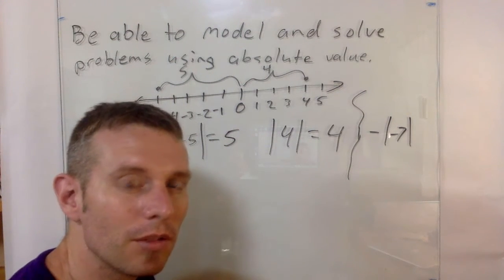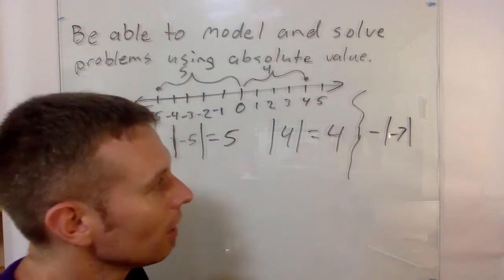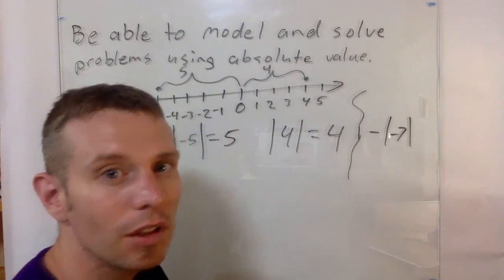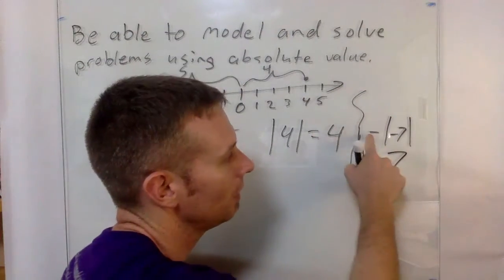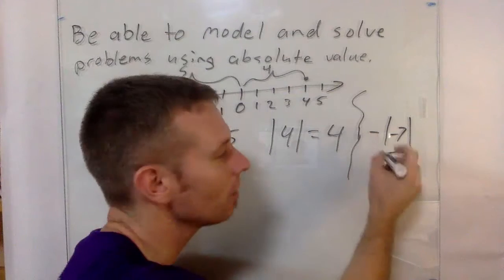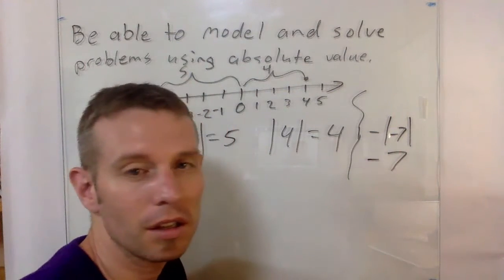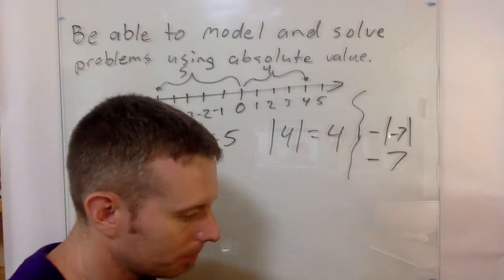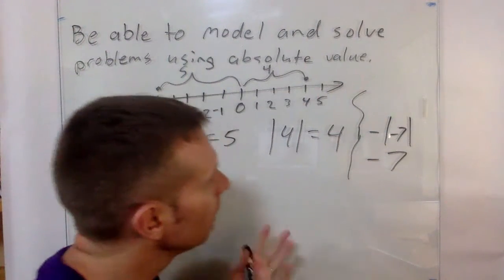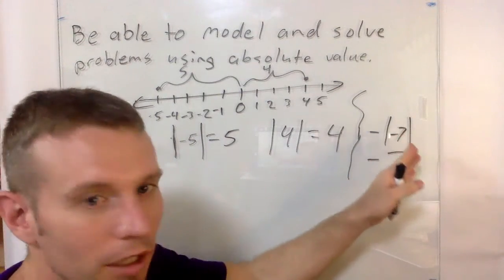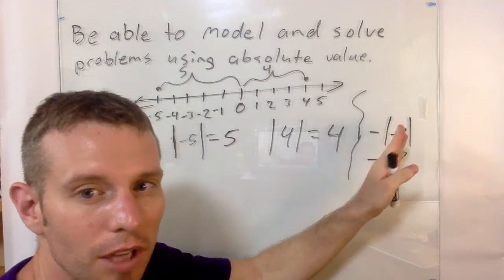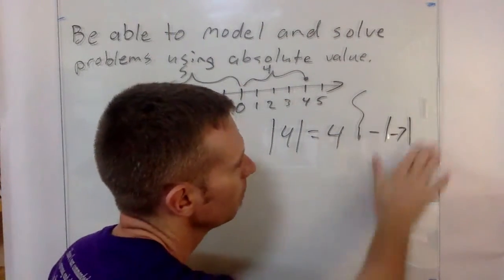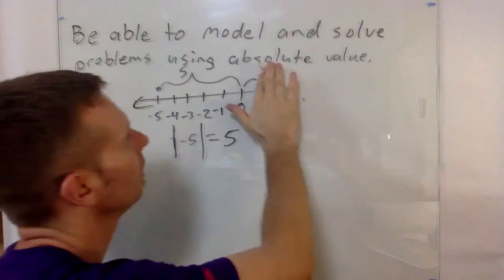Well, you treat absolute value kind of like you would parentheses, where you solve inside the absolute value, you get the absolute value of -7 is 7, and then since you have this negative out on the outside, that gets attached last. So this solution would be -7, because again, the negative inside became positive with the absolute value, but then you had the negative outside. So I think most of us can see that and understand that.